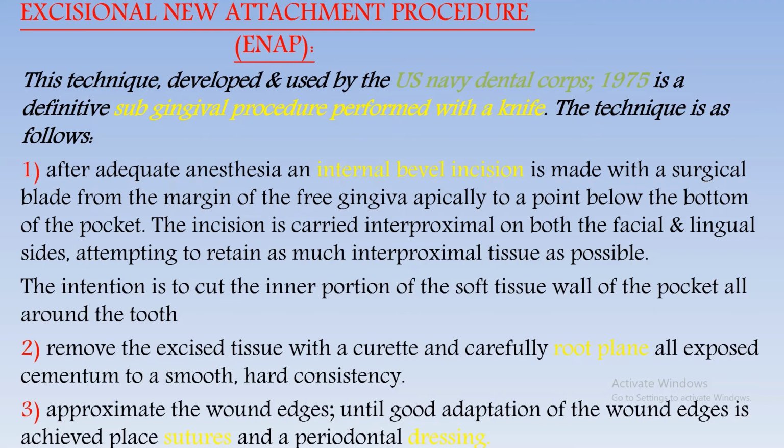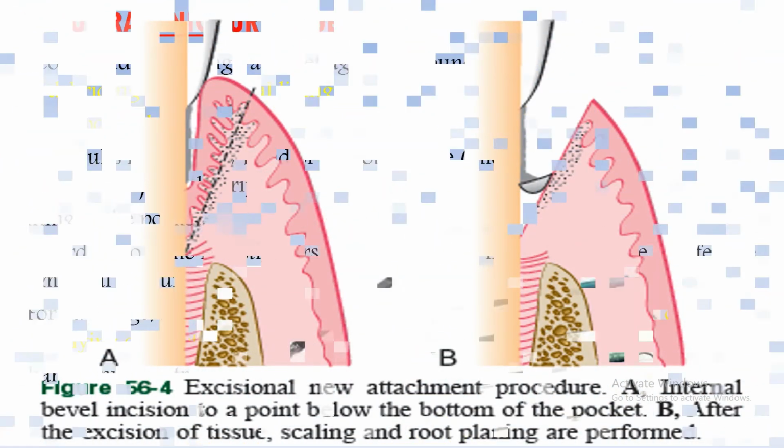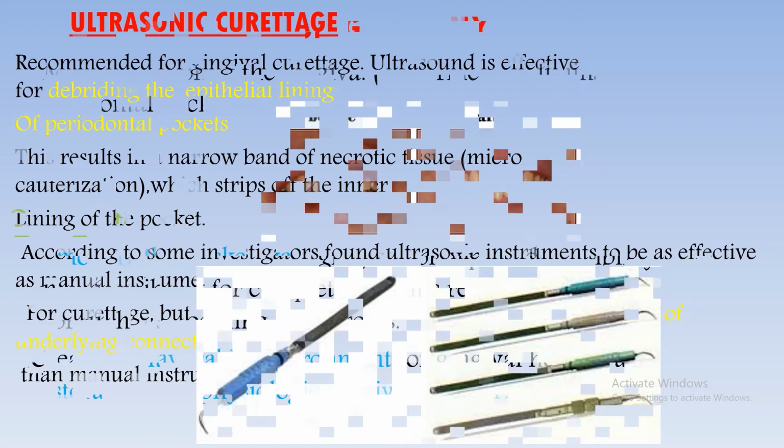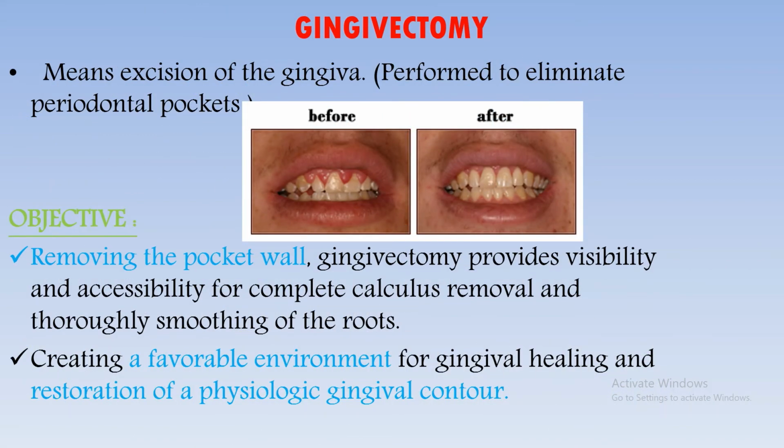We can do excisional new attachment procedure. We can do it by laser. This is also a technique for subgingival curettage performed with a knife and with a laser. Ultrasonic curettage by ultrasonic or Cavitron. The most important surgery, gingivectomy.